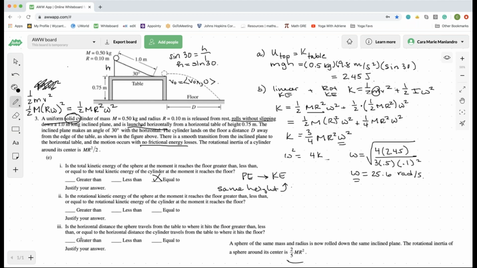All right, so now here's the more difficult question. Is the rotational kinetic energy of the sphere greater than, less than, or equal to that of the cylinder? What do we think? Which one's going to rotate faster, the sphere or the cylinder? The sphere. Okay. So the sphere is going to rotate faster.